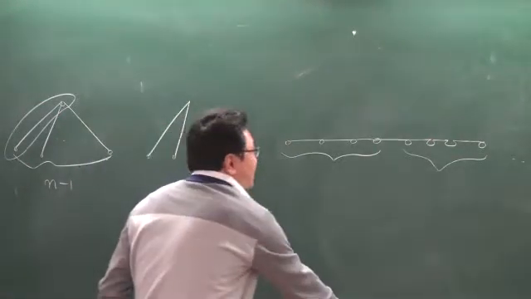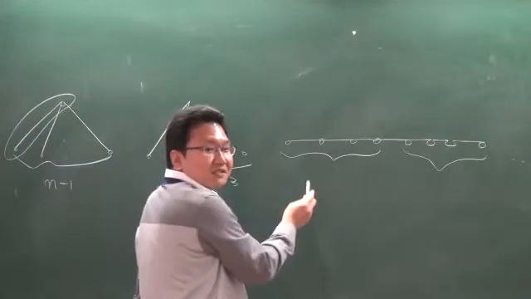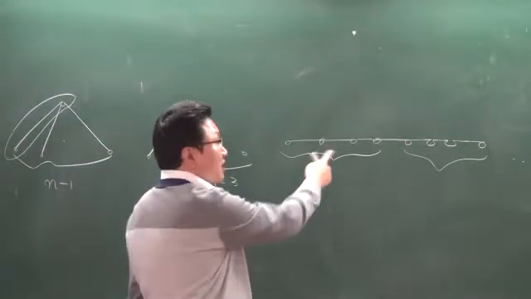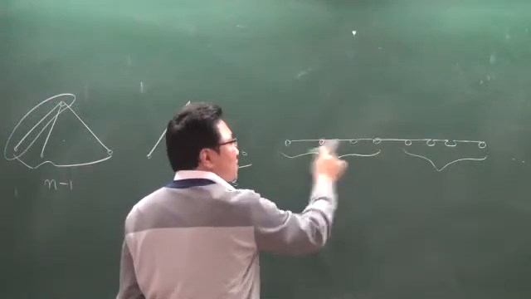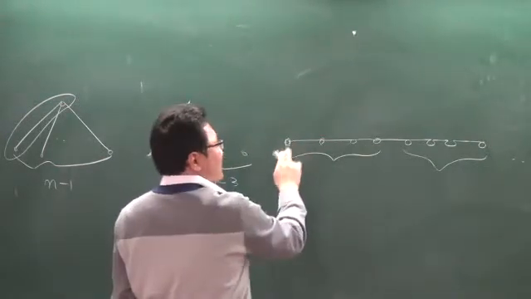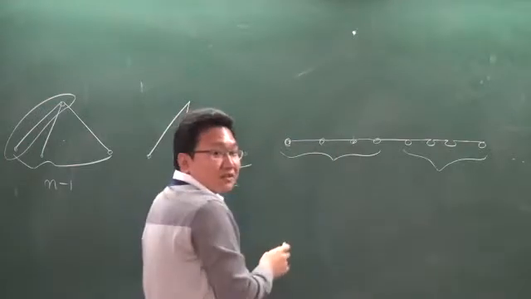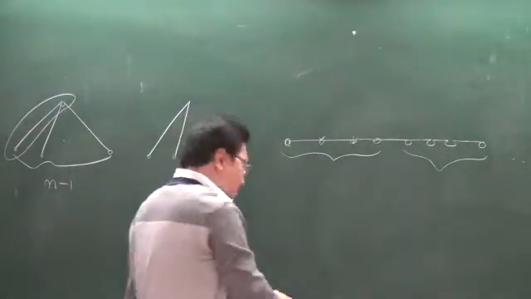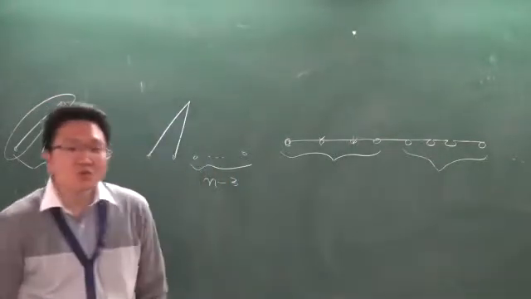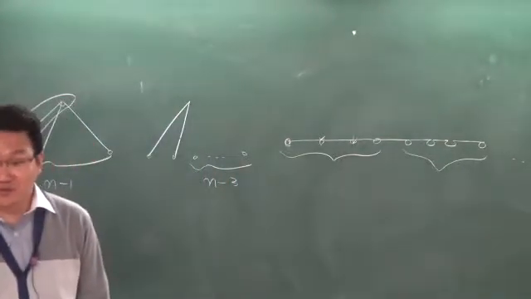So that vertex cannot be a middle vertex by the definition of a total dominating set, because it has no neighbor. So it must be an end vertex, this or this. But if the vertex is this, then this is not covered. And if the vertex is this, then this is not covered. So there is no total dominating set with size less than n over 2.